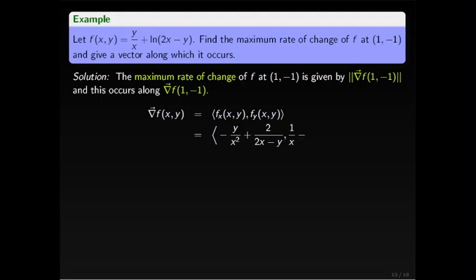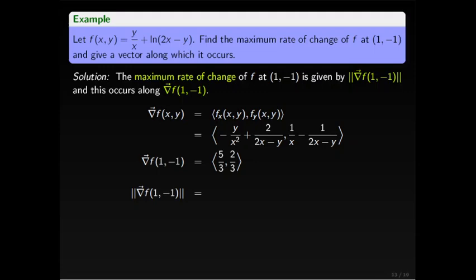Partial of f with respect to y is 1 over x minus 1 over (2x minus y). And at the point (1, -1), you can see that this is just the vector (5/3, 2/3).